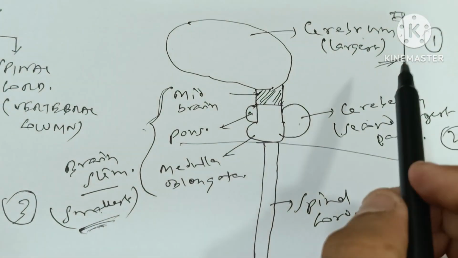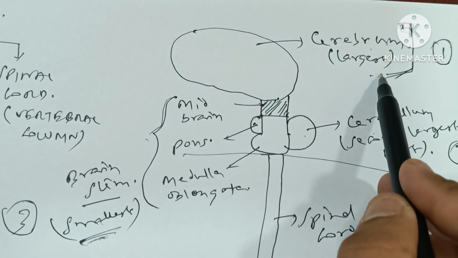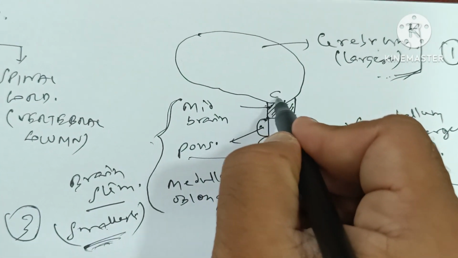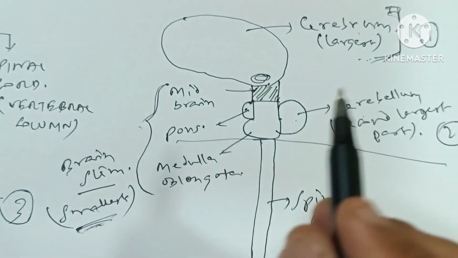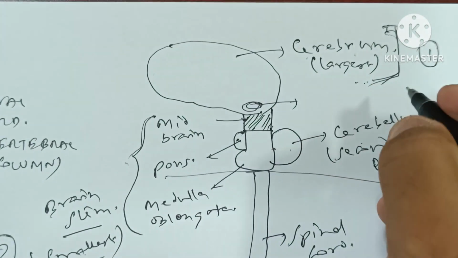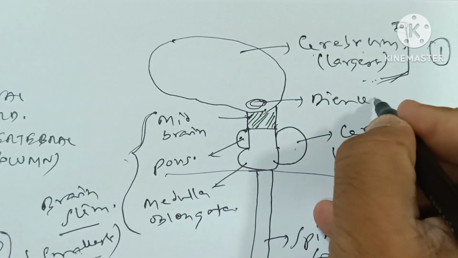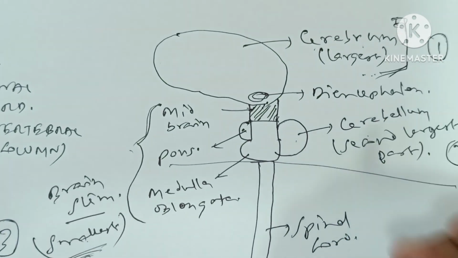Now, in the forebrain, the majority of which is comprised of the cerebrum, there is another part called the diencephalon. So the forebrain comprises the cerebrum and the diencephalon.